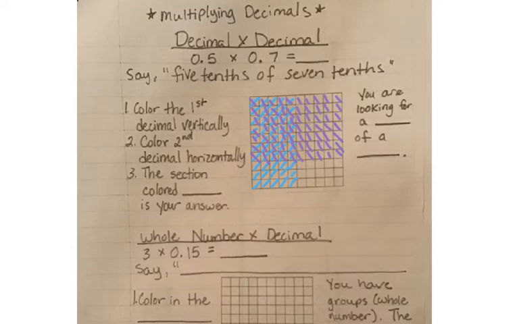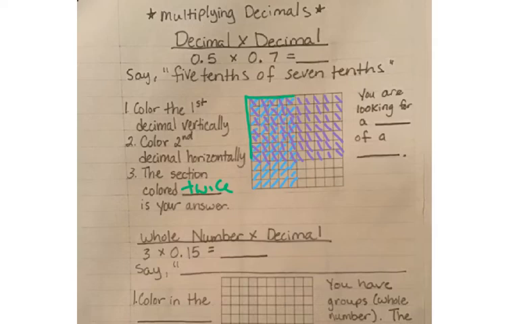7/10. All right, so this is modeling 5/10 of 7/10 because the section you colored twice is your answer, just like fractions. So we are looking here, and I'm going to look at it as an array instead of counting, because you can make easy mistakes by just sitting there tapping a bunch of squares, but whatever works for you, my friends.